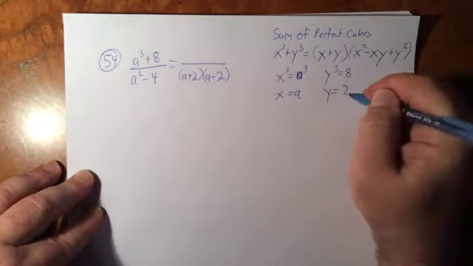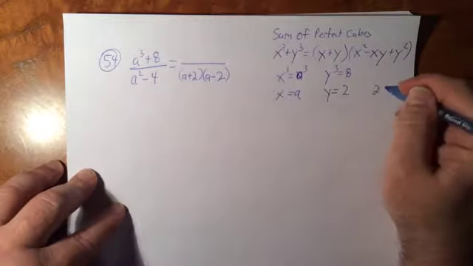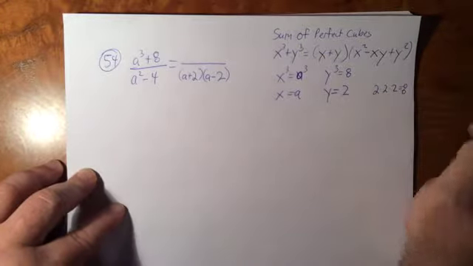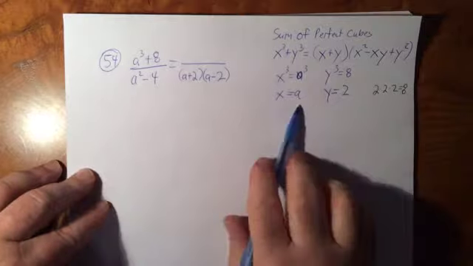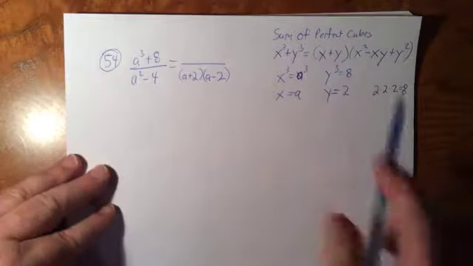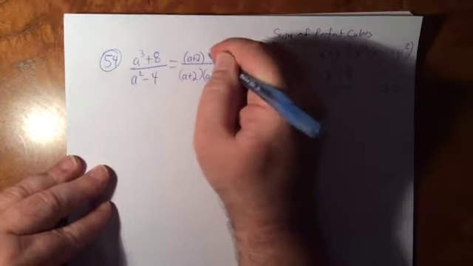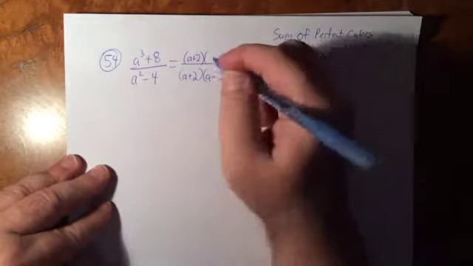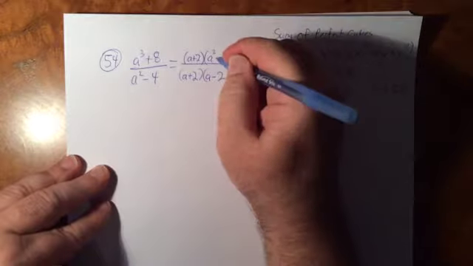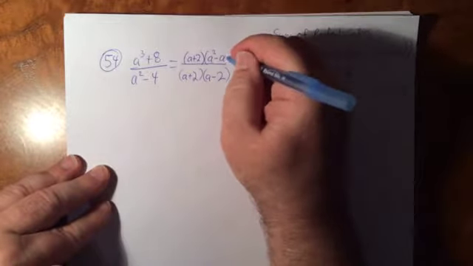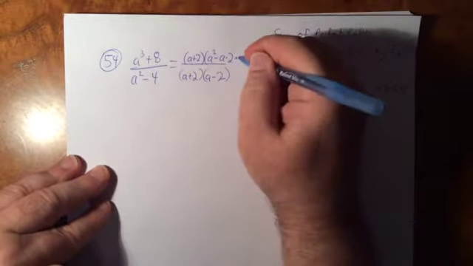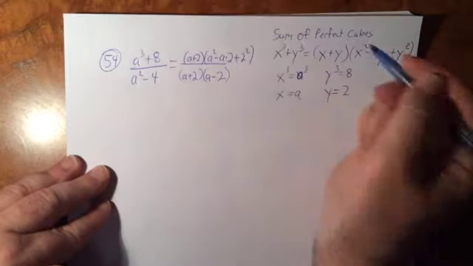The cube root of 8 is 2. We get that because 2 times 2 times 2 is equal to 8. When we put all this into this formula, what we obtain is a plus 2 times a squared minus a times 2 plus 2 squared.